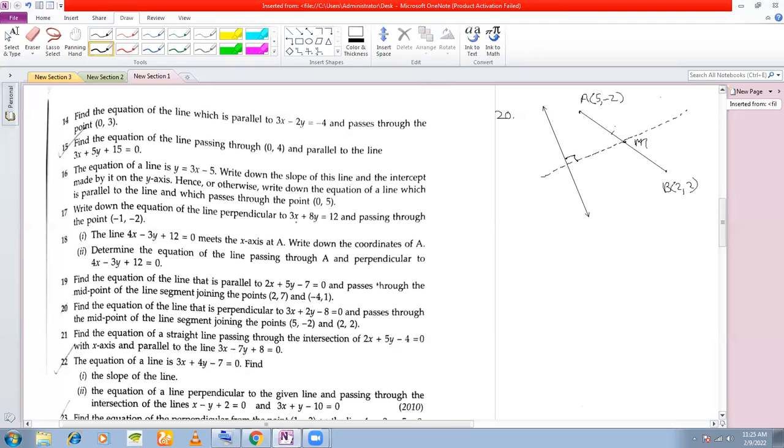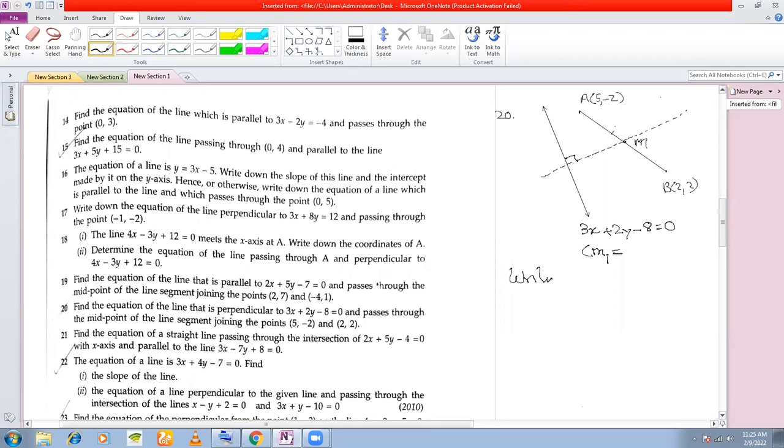So now it is perpendicular to which line? 3x plus 2y minus 8 is equal to 0. This equation is given to you. So what is the slope of this line? If I call the slope of this line m1, let's proceed to find it.